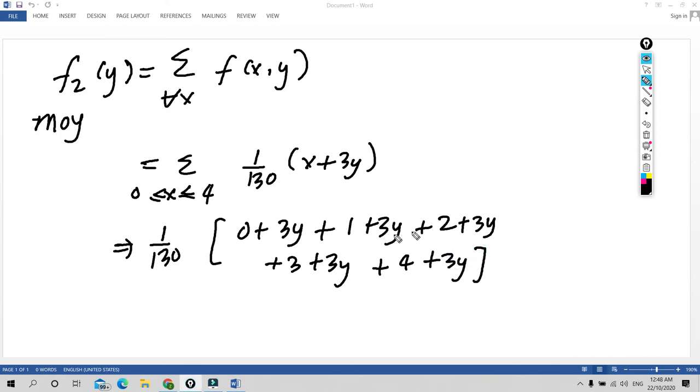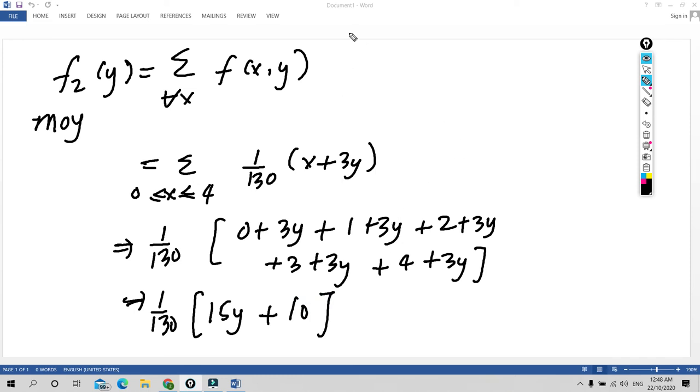So I have 5 times 3y, which is 15y, and 0 plus 1 plus 2 plus 3 plus 4 is 10. So here it comes 1 over 130 times (15y plus 10).